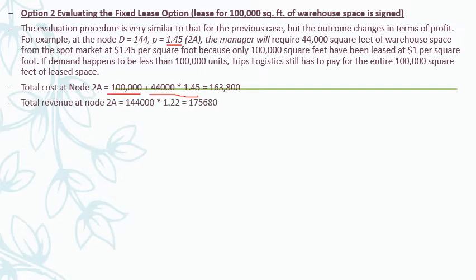And what is the total revenue? Same thing, 144,000 into 1.22, that is 175,680. Next, net profit. Net profit would be revenue minus cost. It is 175,680 minus this one, 11,880 is the profit.